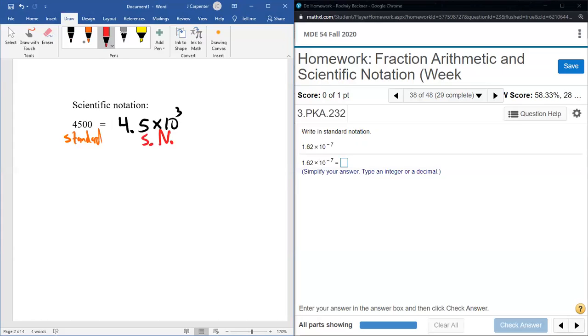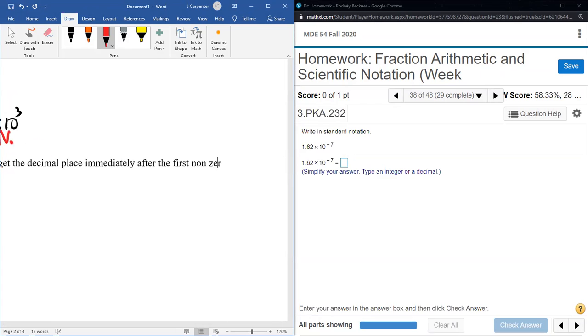The goal here, going to scientific notation. Hold on, give me a second. Your goal in going to scientific notation is to get the decimal place immediately after the first non-zero number.